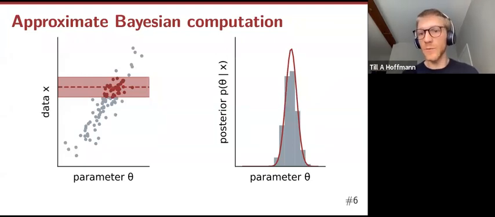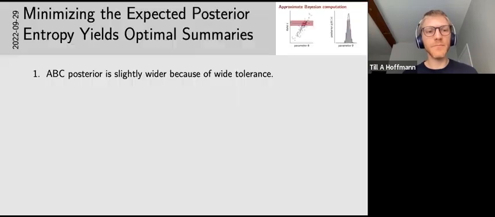The curve is the exact one because this is just a Gaussian likelihood. And the histogram is the parameter samples that are within that band. Now, you'll notice that the approximate posterior is slightly broader, and that's because we've chosen a relatively loose band for rejection of the other samples.